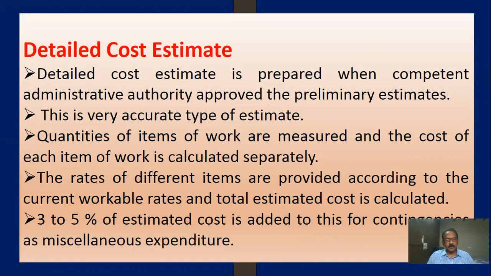In previous videos, we discussed approximate methods. There are several types of approximate methods, and of those, three are very important: plinth area method, cubical content method, and service unit method. We will submit the proposal to the government or concerned authority for approval.